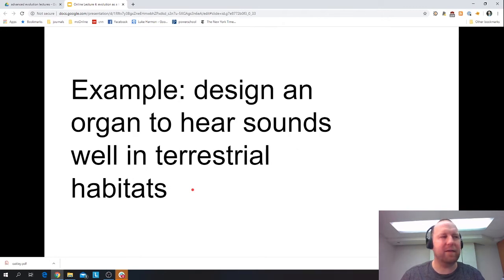Another example of what happens when you tinker instead of building something from scratch, we can see when we look at the structure of our ears. For the ears, you might think of the problem as designing an organ that can hear sounds well in terrestrial habitats. You might be able to do that by assembling some parts that you could build from scratch, but evolution doesn't do that. It tinkers with what's already there.